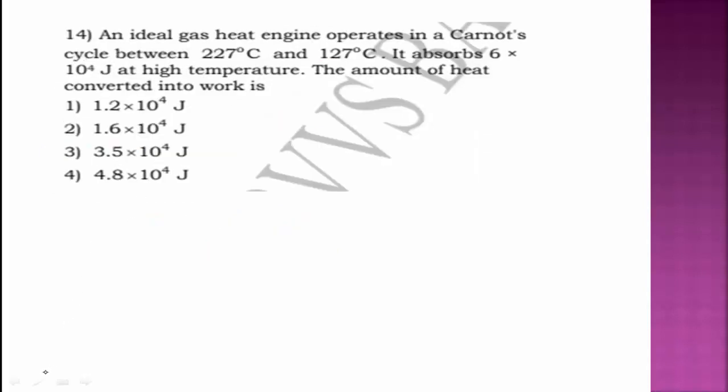An ideal gas heat engine operates in a Carnot cycle between 227 degrees Celsius and 127 degrees Celsius. It absorbs 6 into 10 to the power of 4 joule at high temperature. The amount of heat converted into work is, efficiency eta is equal to 1 minus T2 divided by T1. Therefore 1 minus T2 is 127 plus 273, that is 400, divided by T1 which is 500.